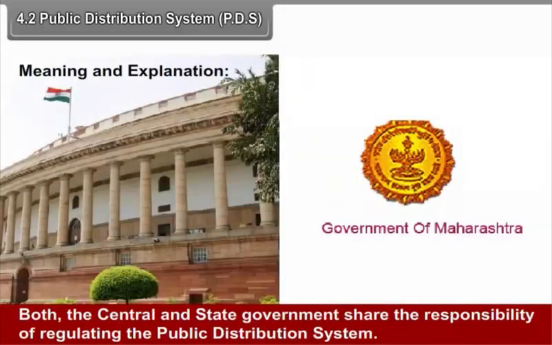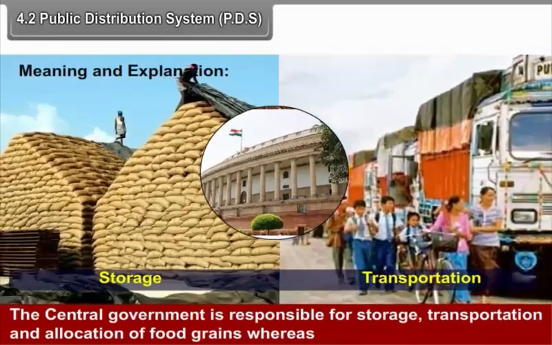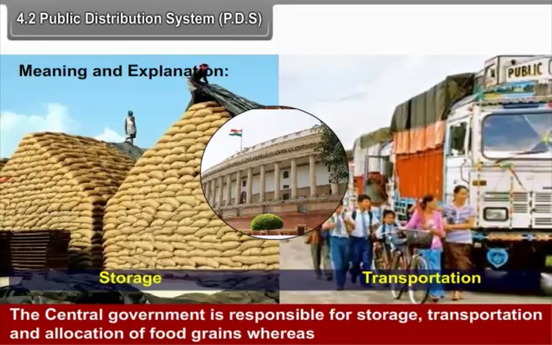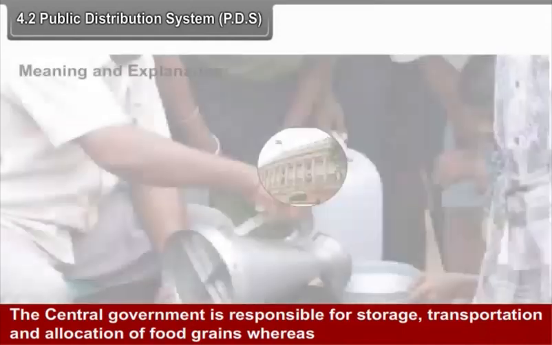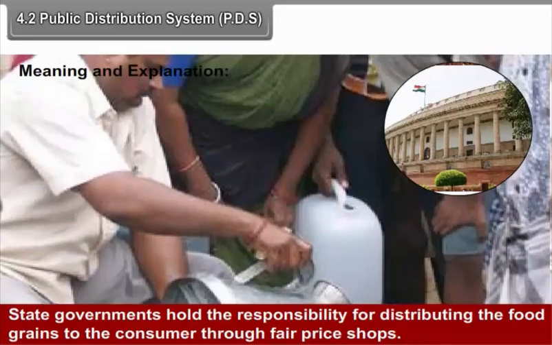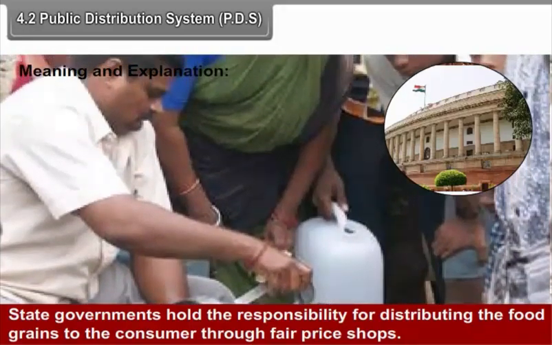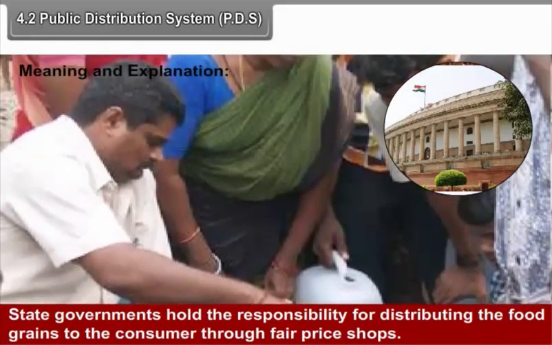Both the central and state governments share the responsibility of regulating the public distribution system. The central government is responsible for storage, transportation, and allocation of food grains, whereas the state government holds the responsibility of distributing the food grains to the consumers through fair price shops.